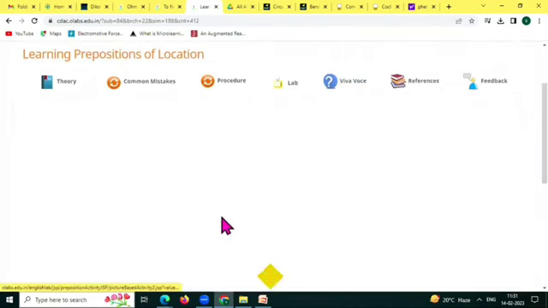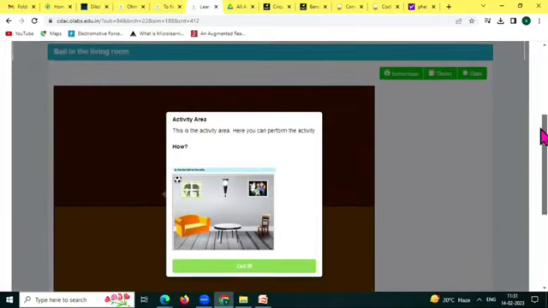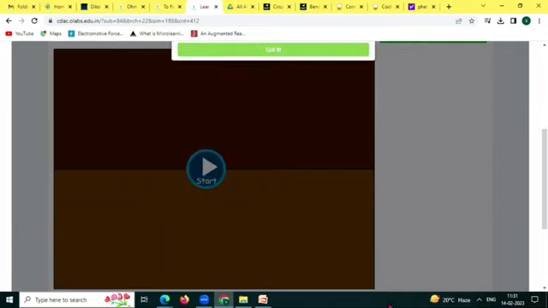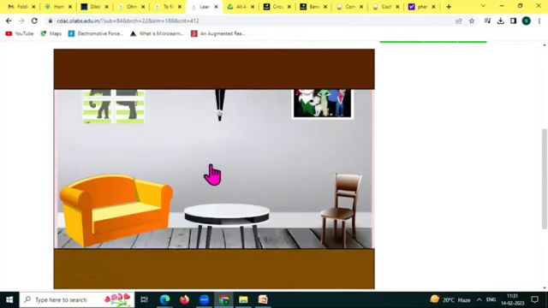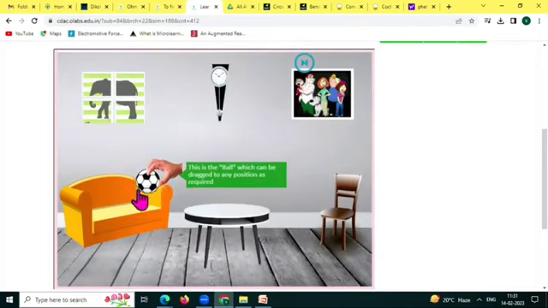I am clicking on exercise 1. Now let us make it. First of all we have to click on the instruction. I am clicking, I am ready, and then it will start. That means it will not start suddenly, only when you are ready to understand what is to be done.